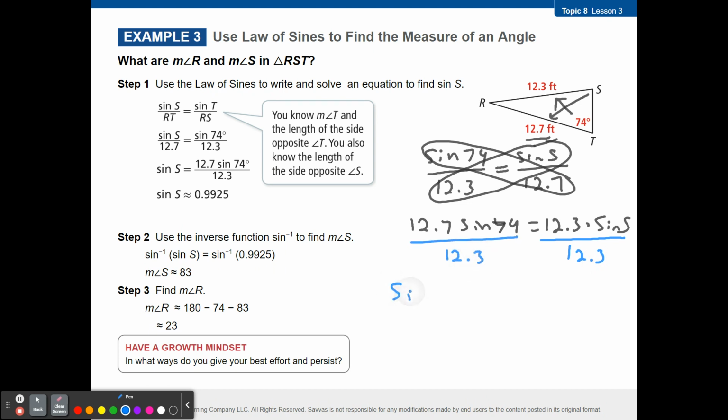This leaves me with the sine of S equals 12.7 times the sine of 74 over 12.3. Now, this is going to sound strange, but you have options here. A little complicated, but not bad.